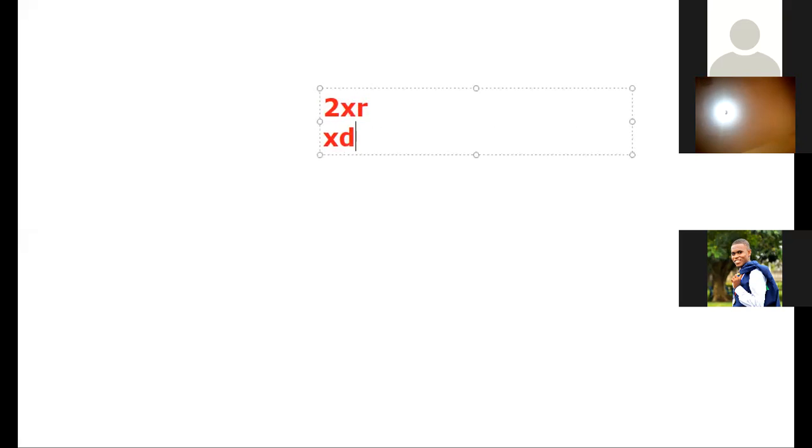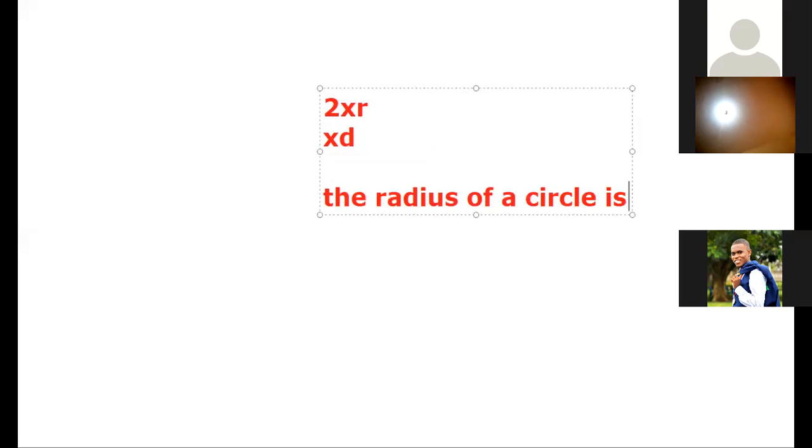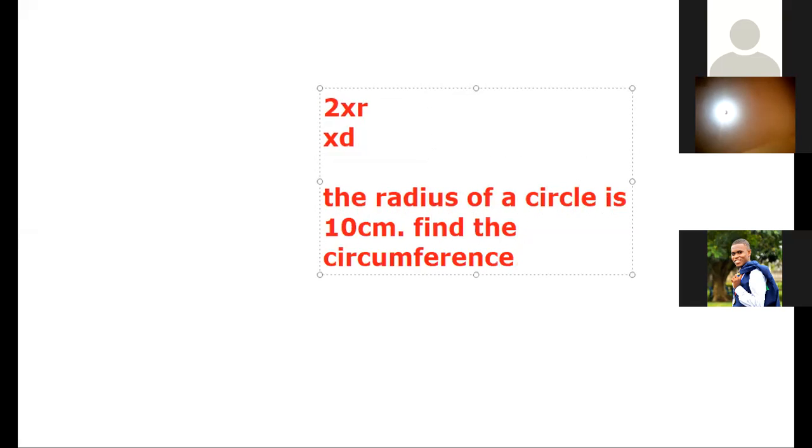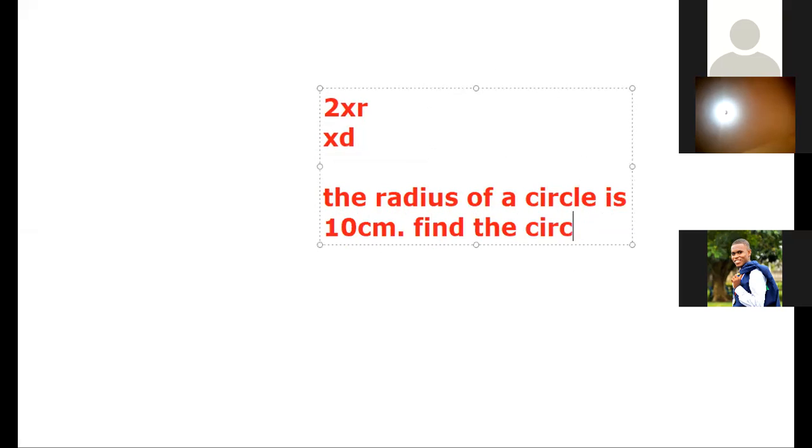So now take this example. You solve and you give me the answer in the chat box. The radius of a circle is 10 centimeters. Find the circumference. Or find the perimeter. Let's make it find the perimeter.